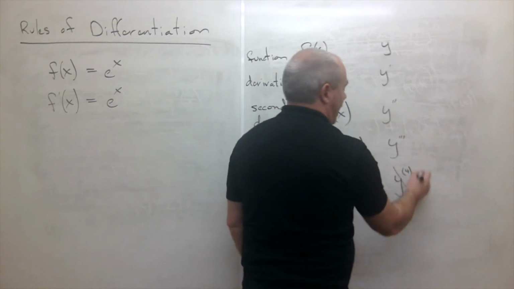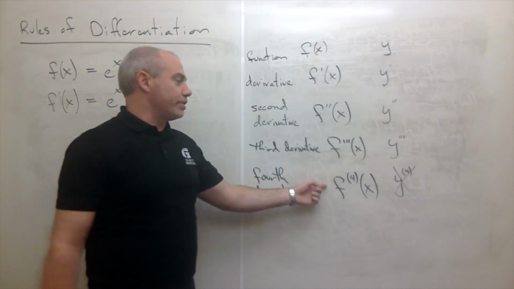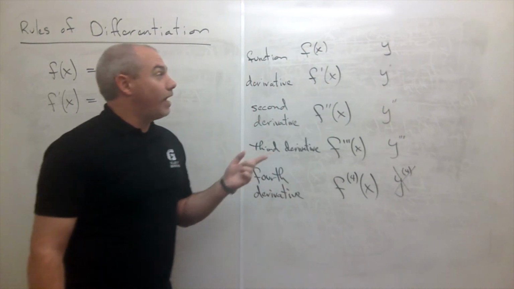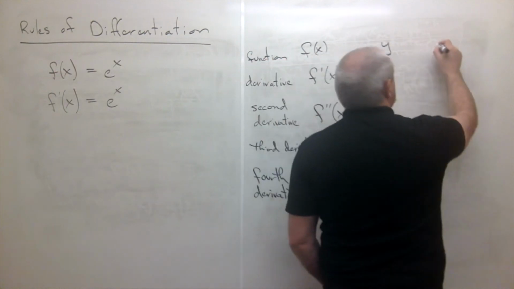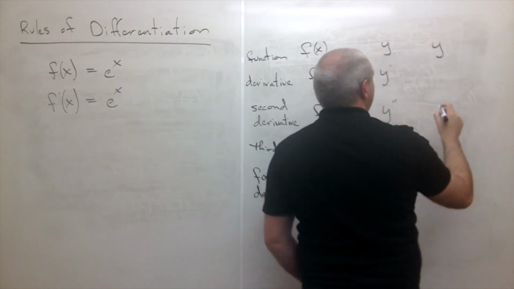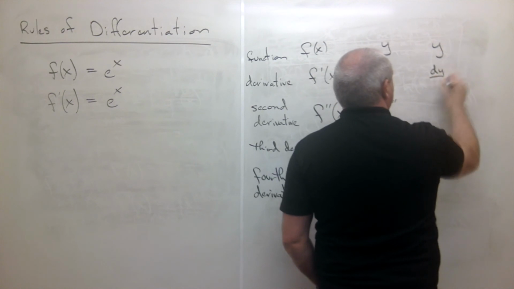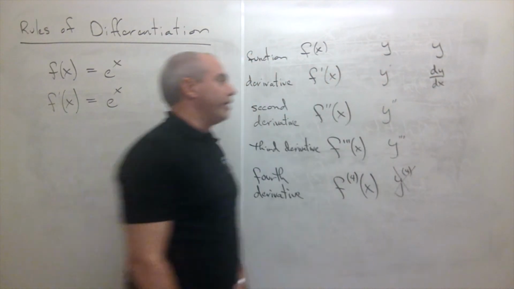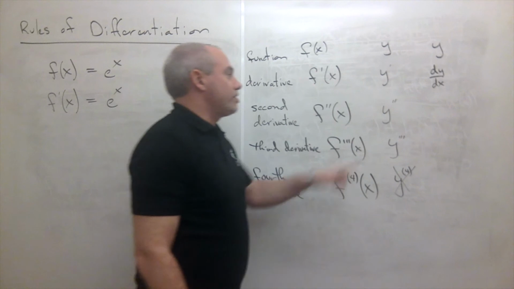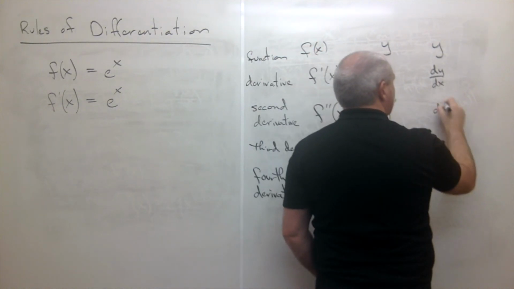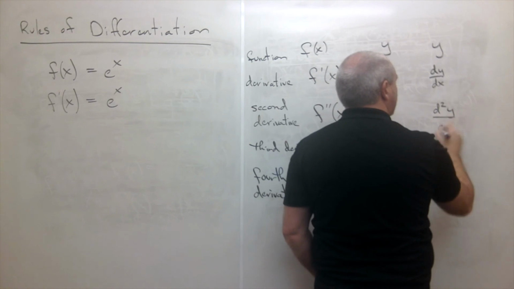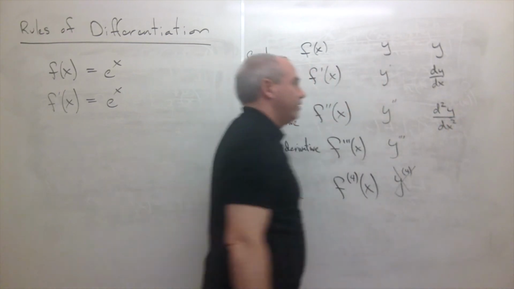So this is kind of bad notation, which is why we would usually use the other notation. But another notation that we use for derivatives is we could say we have y, then we write dy over dx for the derivative. So the second derivative in this case we would write d squared y over dx squared.